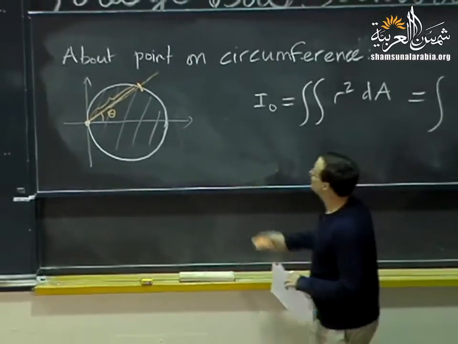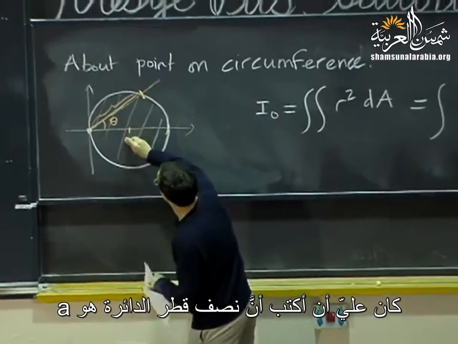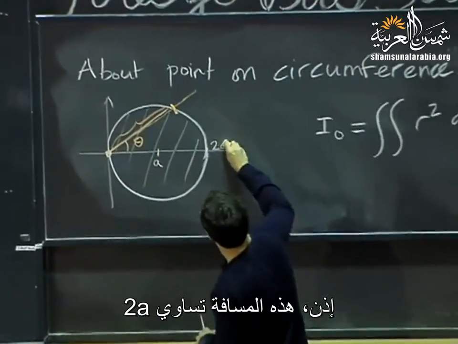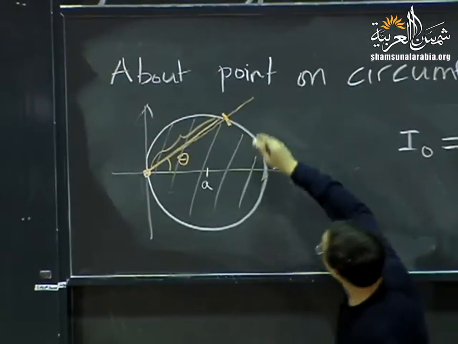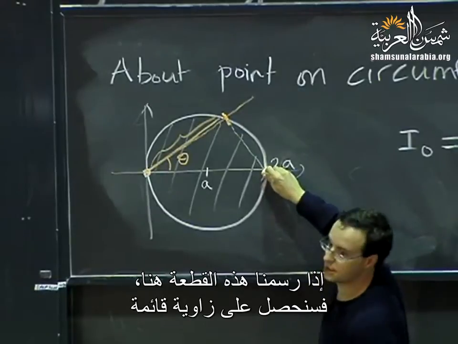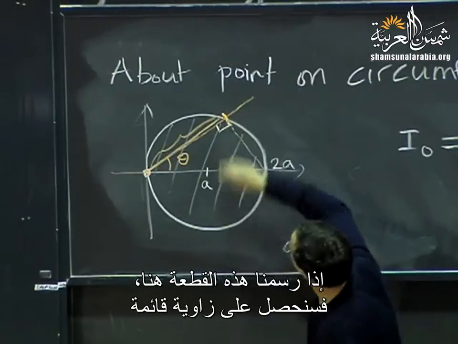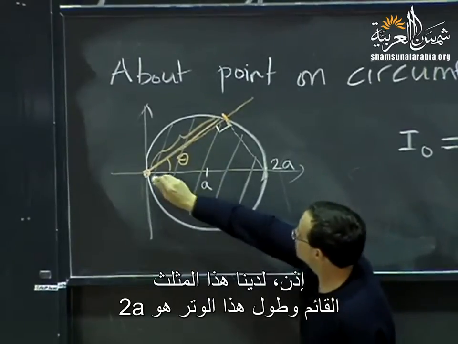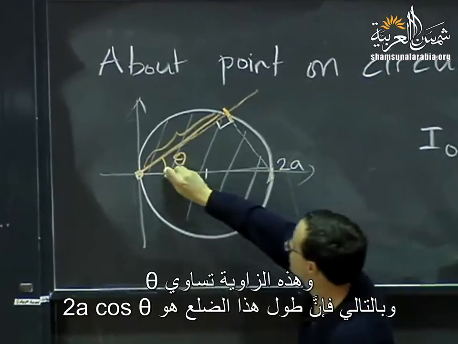Okay, so maybe you've seen it in recitation, maybe not. So let's see. Well, actually, I should have written down the radius of the circle is a, so this distance here is 2a. Okay, so if you draw this segment in here, you know that here you have a right angle. So you have a right triangle. The hypotenuse here has length 2a. This angle is theta.